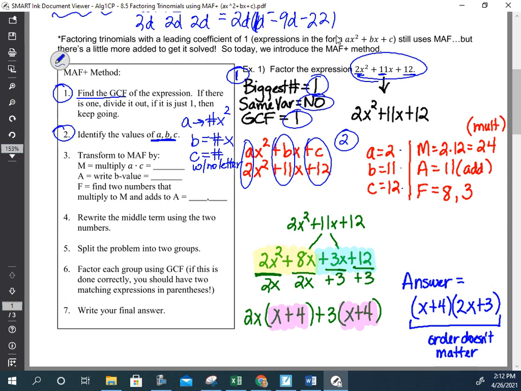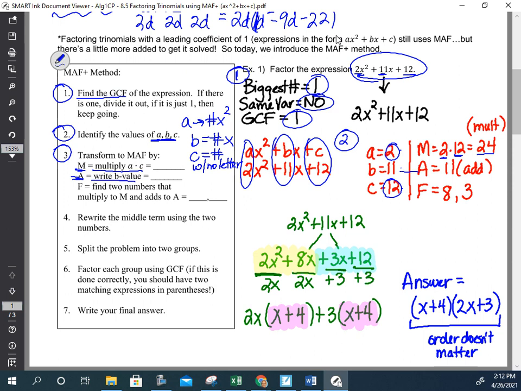All right, step 3. So now we're going to transform this into a MAF problem. This is how we transform it to MAF. So M, we take A and C and multiply them together. 2 times 12 is 24. The A value, you just rewrite the B value.